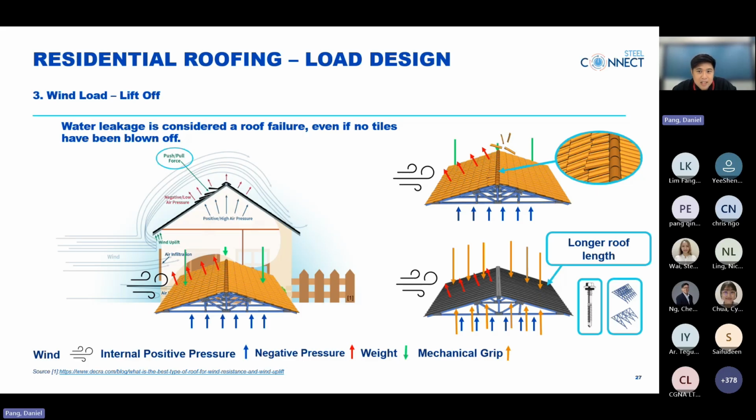When this lift happens, the tiles will either fly away or, even worse, get moved, and this contributes to water leakages. Now compare it with a steel roof. It will not have this issue because first, the length are longer, and also it requires a much higher force to lift off, but this is subject to a proper purlin spacing and also the fasteners.